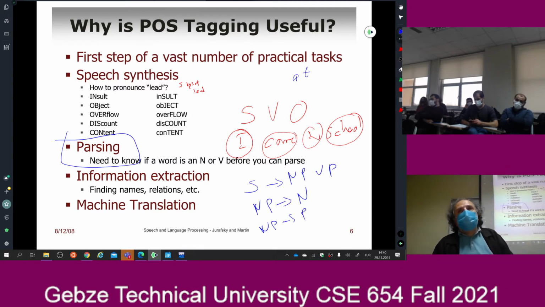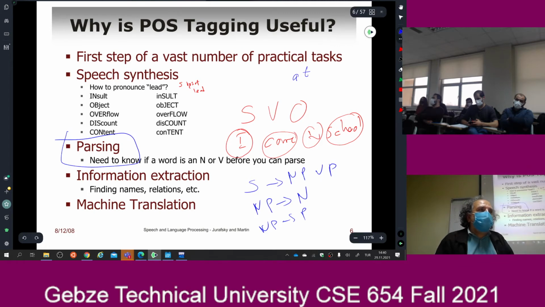Nowadays, this is working very, very well. It is not as good as the parallel corpora examples, but it works very well. It works better than the top translator of 10 years ago. So what I'm saying is that nobody is doing part of speech tagging anymore for machine translation or summarization.